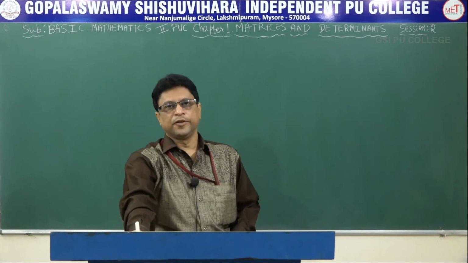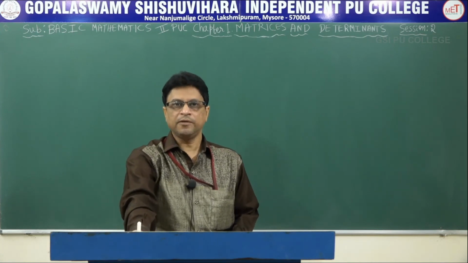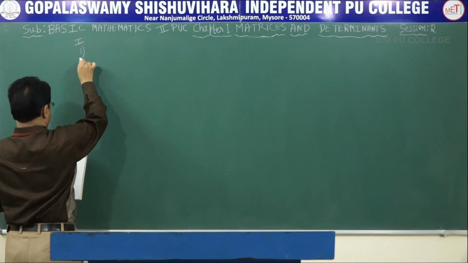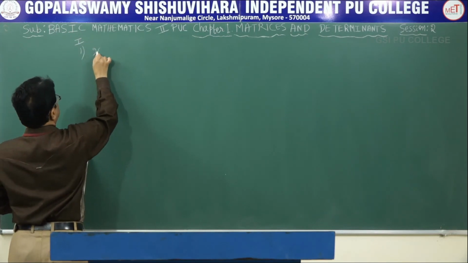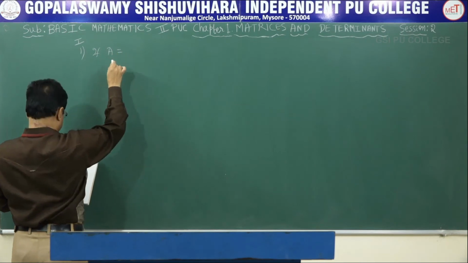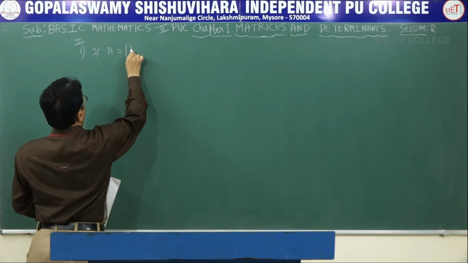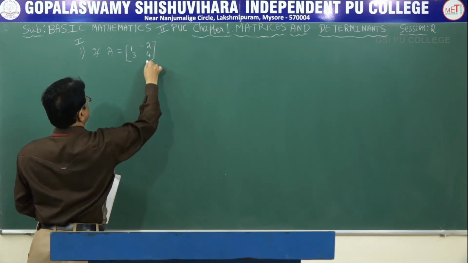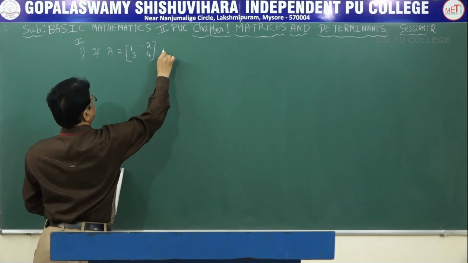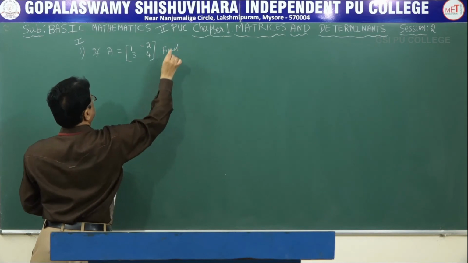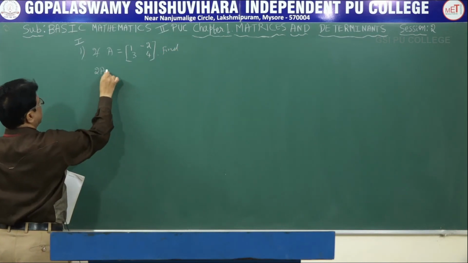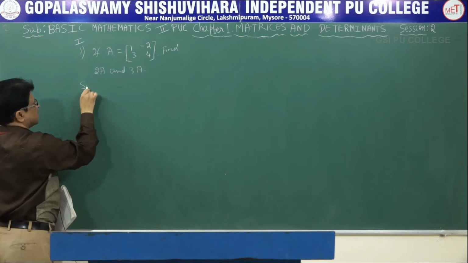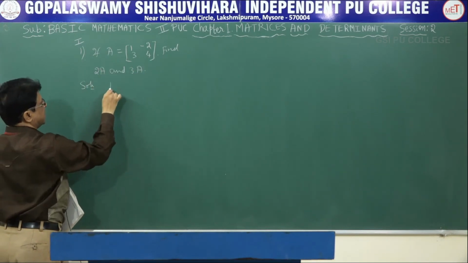Let us solve few problems on algebra of matrices. So first problem, if A equals 1, minus 2, 3, 4, find 2A and 3A. So solution. So what is given?